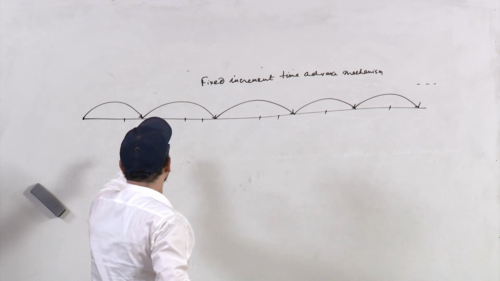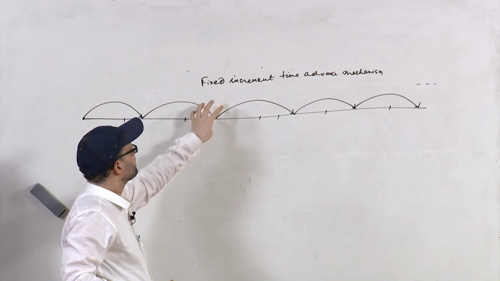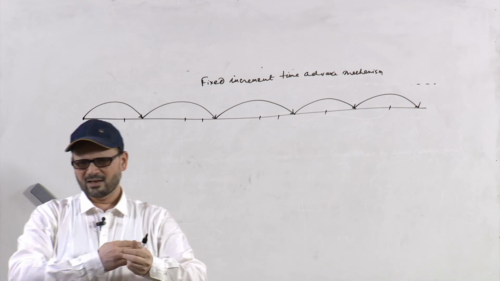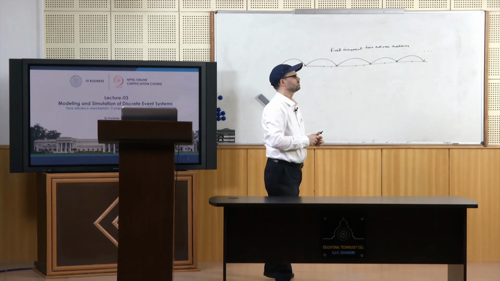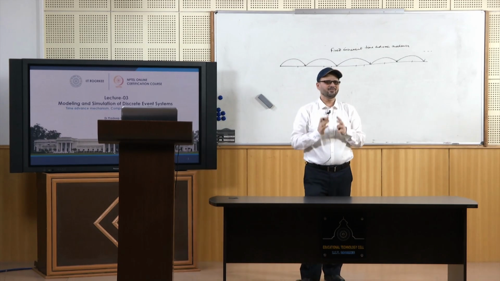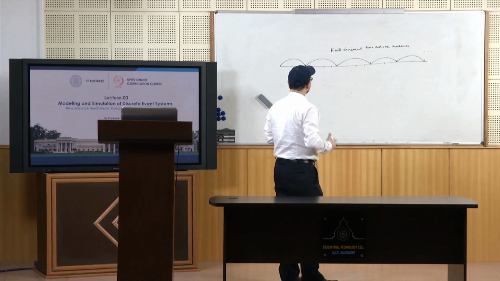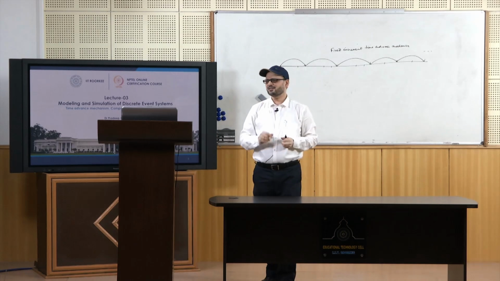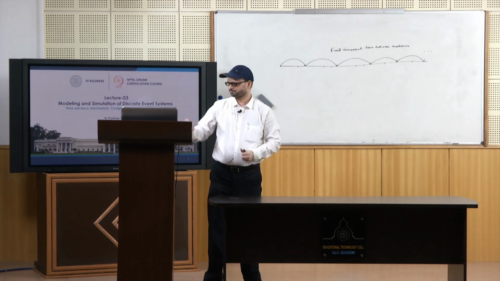But in many practical cases, like in economic studies, this fixed increment time advance mechanism is adopted, where we analyze the whole year's period and then discuss the events which have occurred, and we feel that at the end of the year every event has occurred. So, that is also followed, but in most discrete event simulation model software, the next event type of advance mechanism is followed.